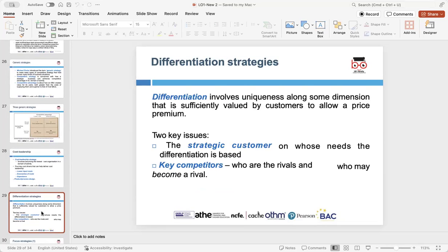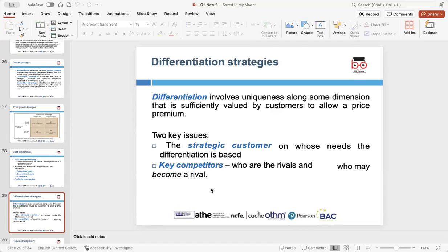Differentiation strategies involve offering products or services that are perceived as unique by customers, allowing a company to charge a premium price. Two critical aspects of differentiation include strategic customers, on whose needs the differentiation is based, and key competitors, who are the rivals and who may become a rival.